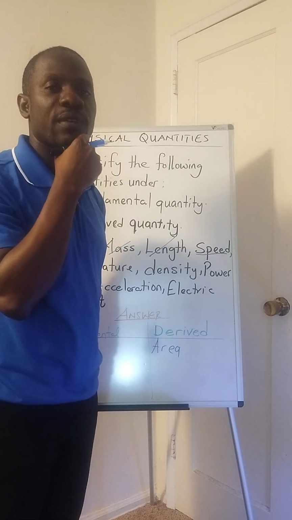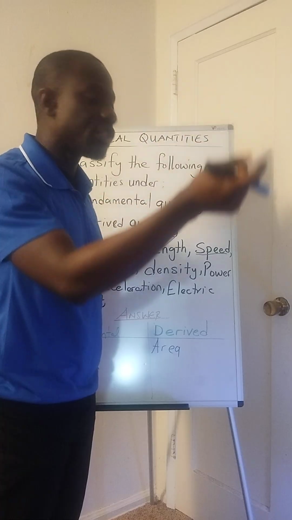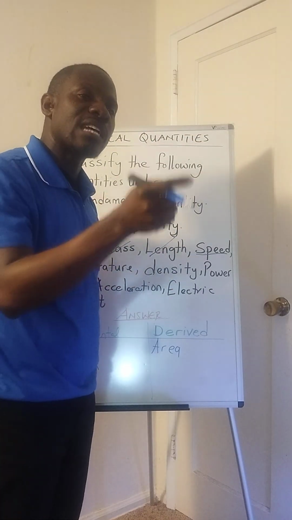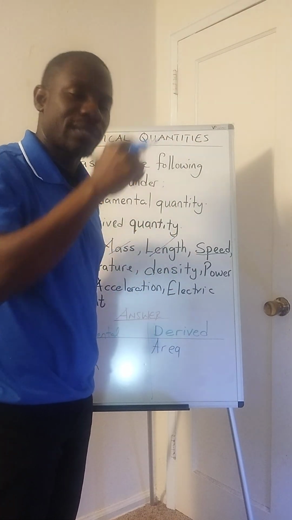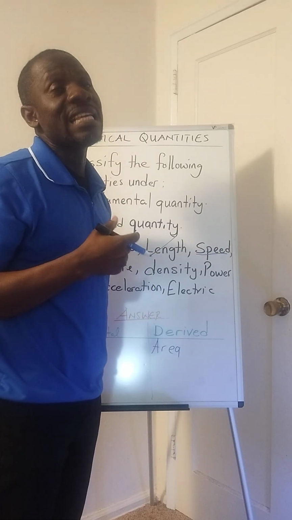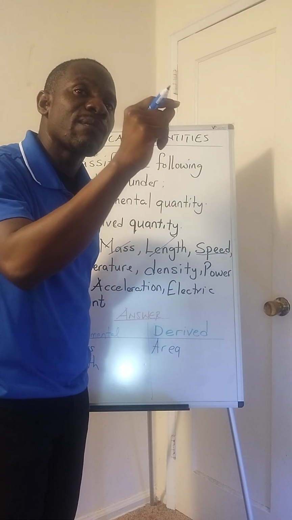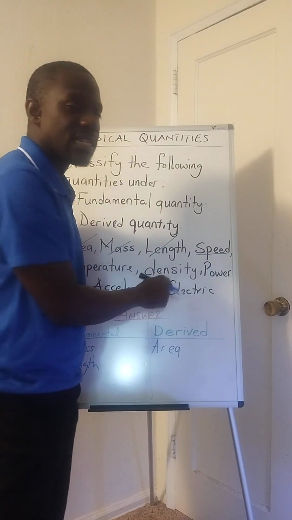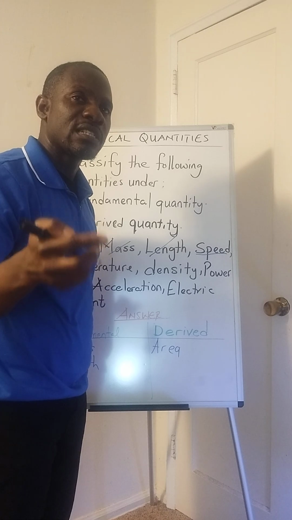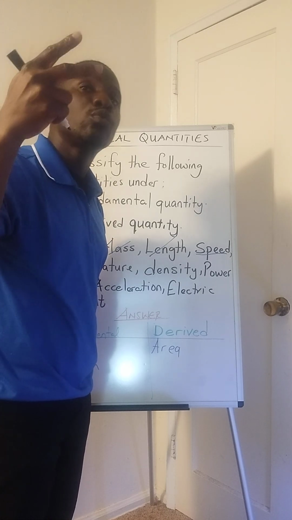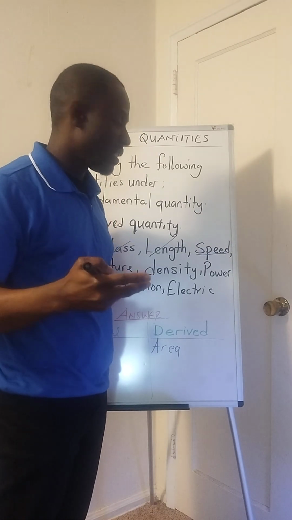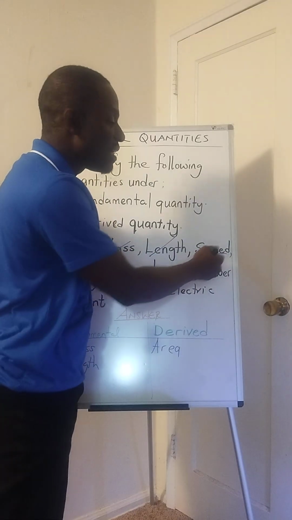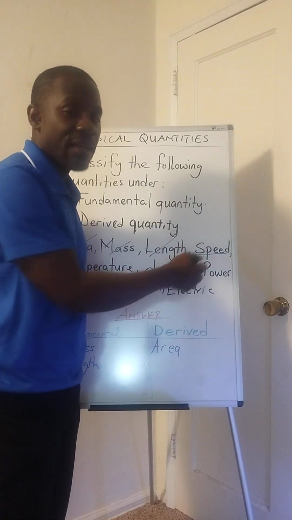Time is also a fundamental quantity. So the ratio of distance or length to that of time, or to make it easier, length or distance divided by time gives you the speed. And therefore, since we are making reference to two fundamental quantities, then speed becomes a derived quantity.